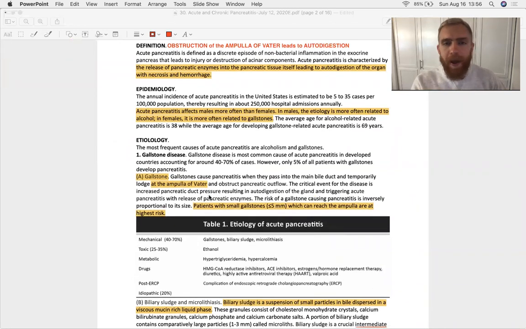So the pancreatic enzyme is the mechanism of injury, and the obstruction is the mechanism for how those enzymes accumulate in the first place.